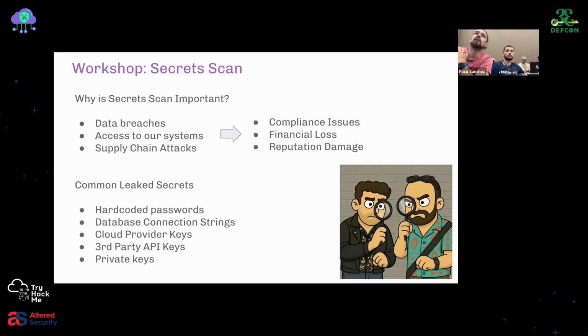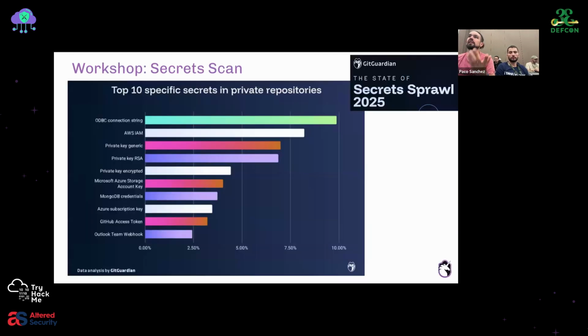So, okay, let's work with secrets and scans. I guess we don't need to explain why it's important to protect secrets. It can lead to data breaches, access to our system, supply chain attacks. But at the end, some people put them in the repos. This is a report from GitGuardian about scanning GitHub for secrets.